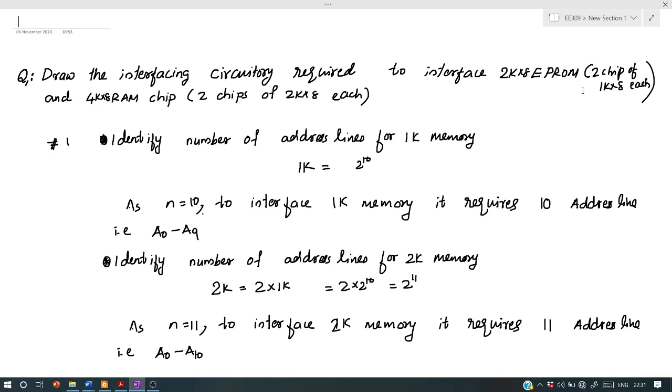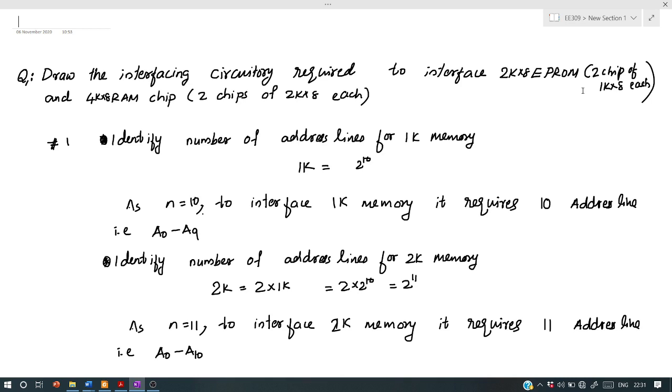So here, as n is 10, to interface 1K memory, it requires 10 address lines. In 8085, there are 16 address lines. The LSB 10 address lines are required to address 1K memory, that is A0 to A9.